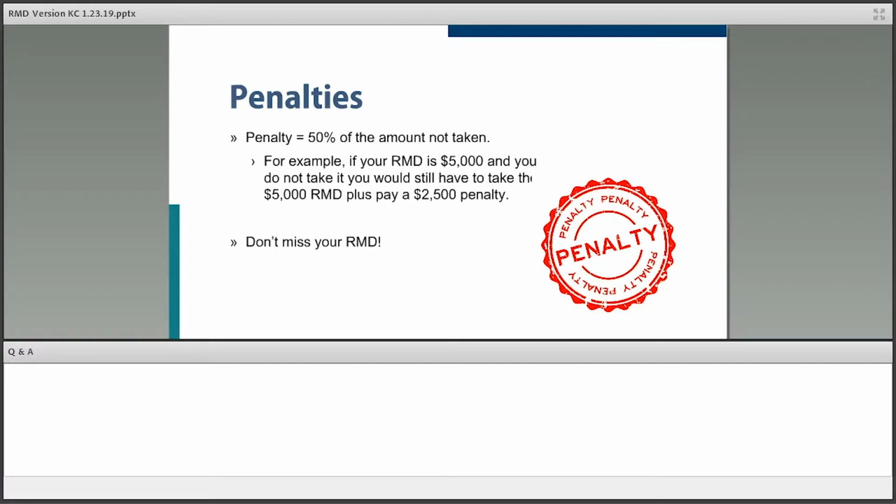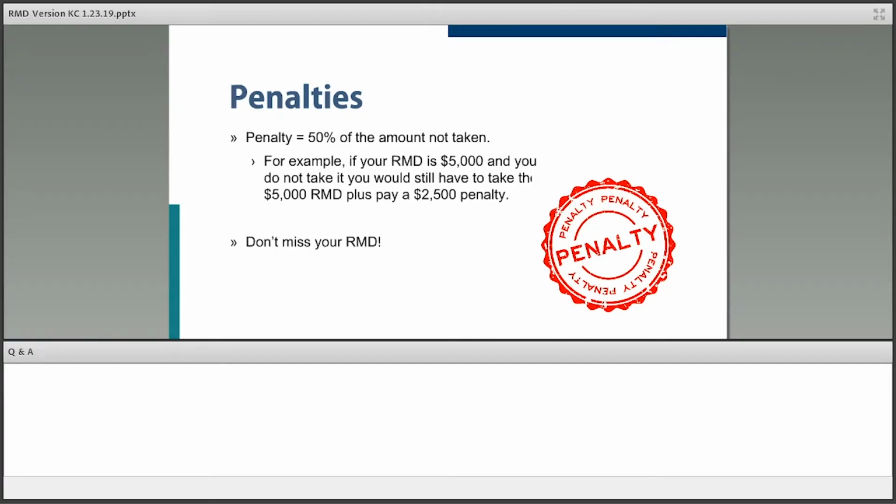So as you see on the slide there in the example, if your required minimum distribution is $5,000 and you do not take that minimum required distribution, then you will need to take the $5,000 required minimum distribution plus an additional penalty of 50%, which would be $2,500.